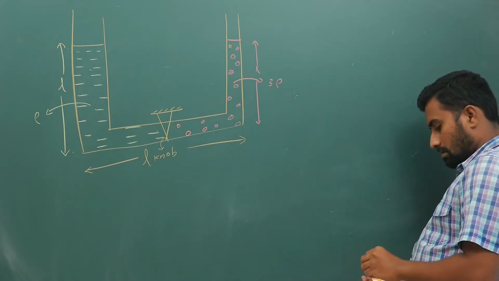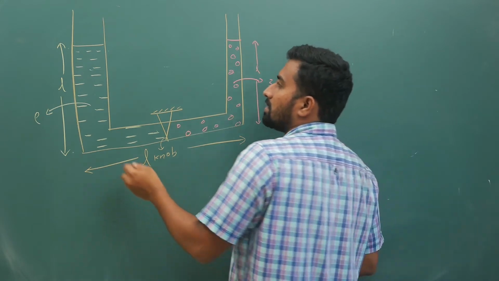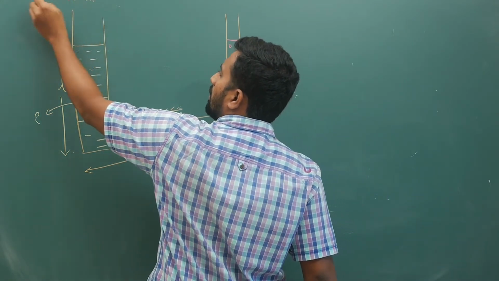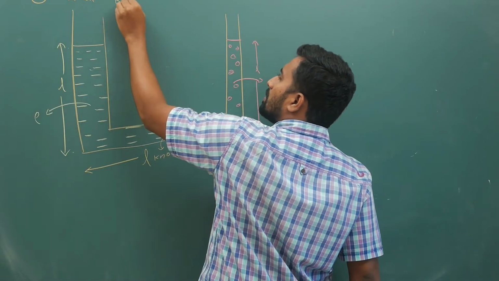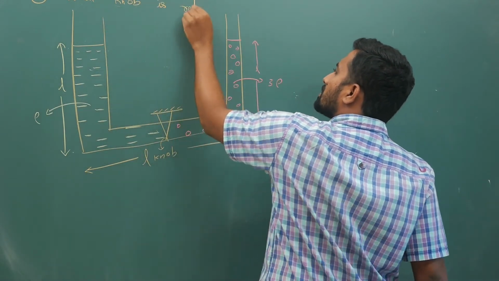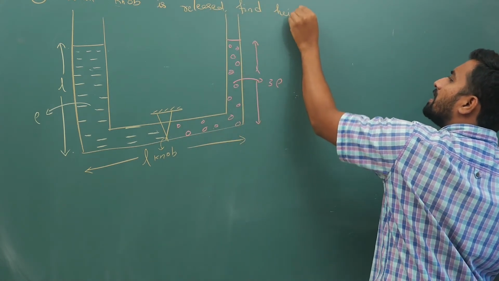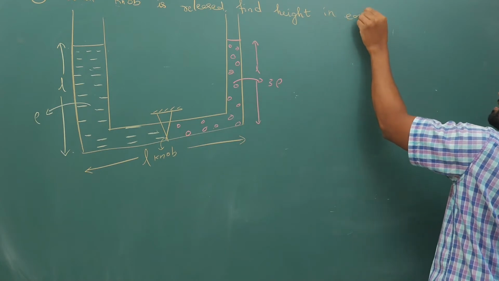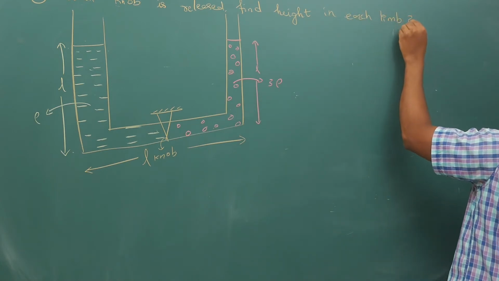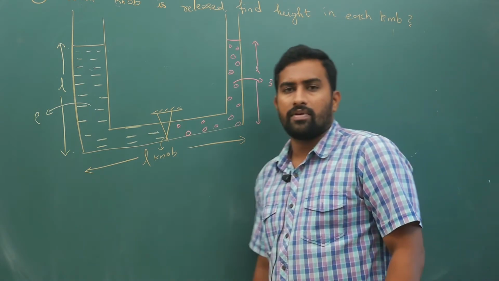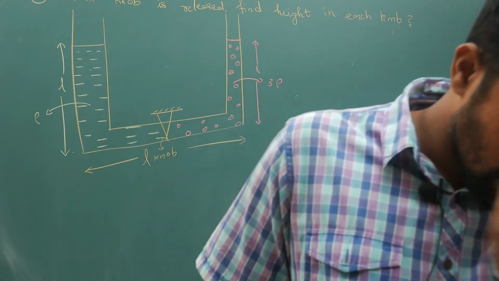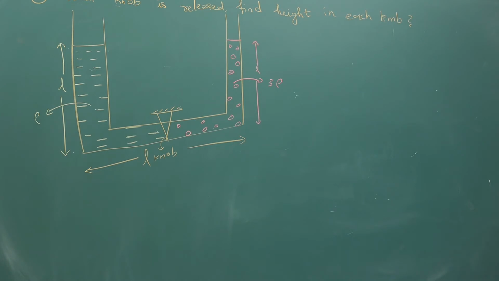The question is, when the knob is released, find the height in each limb. Very simple. When the knob is released, you are supposed to find out the height in each limb. That is your question.